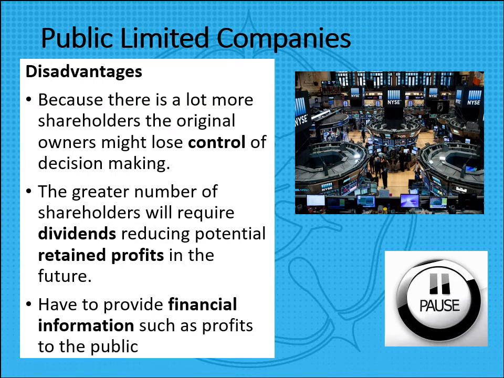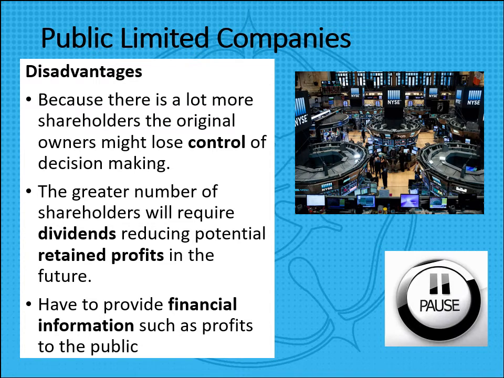The greater amount of shareholders, they require dividends. And as we said on the previous lesson, once a business makes a profit, there's three things that happen to it. One, they have to pay the government tax in the form of corporation tax. Two, they pay the shareholders dividends, and then the rest of it is retained.